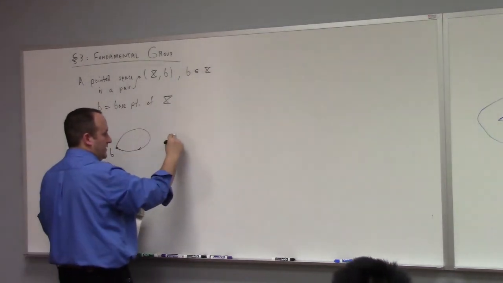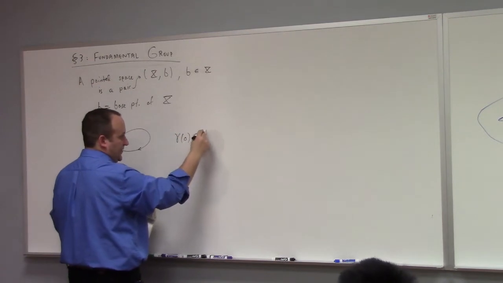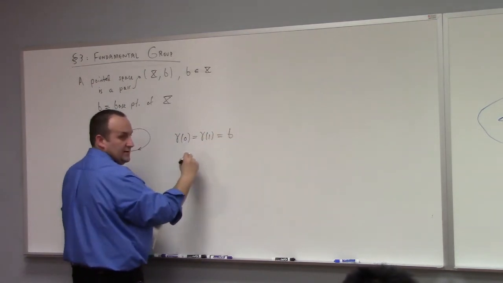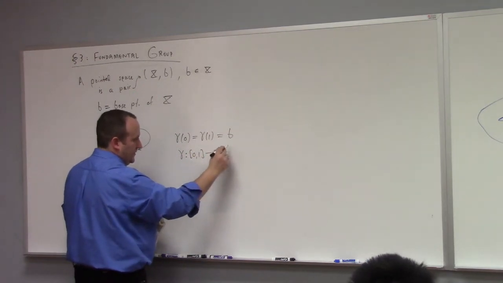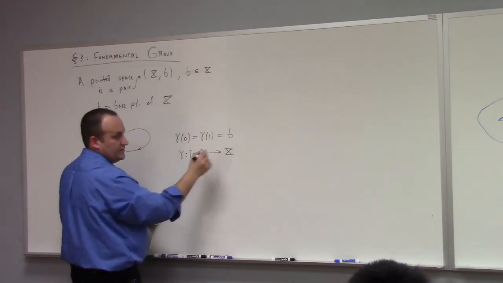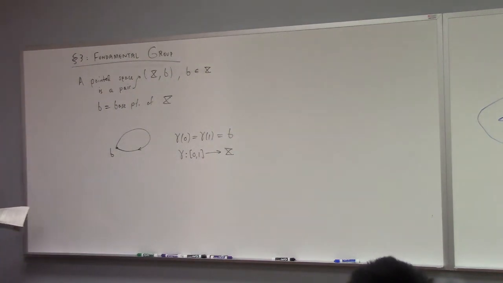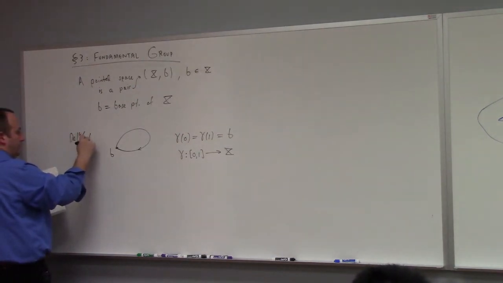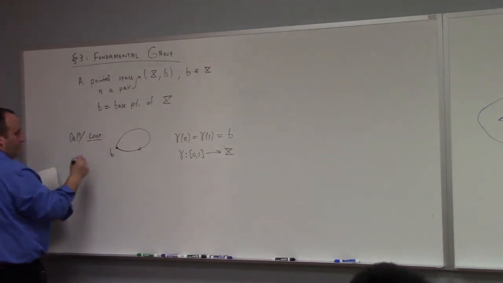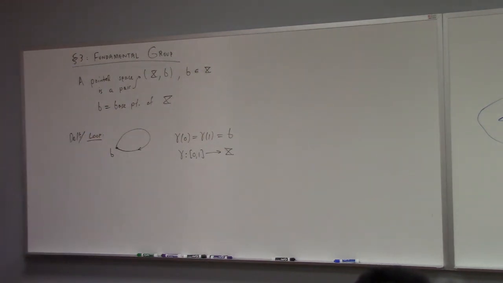So gamma of 0 equals gamma of 1 equals B, gamma a mapping, of course, from 0 to 1 into the topological space X. Just like we talked about last time, it's a path, but the new wrinkle is it begins and ends at the same point. It's called a loop, a path with the same initial and terminal point.